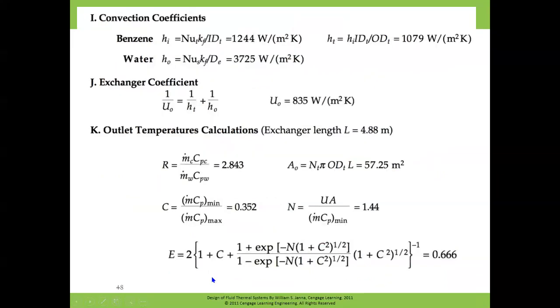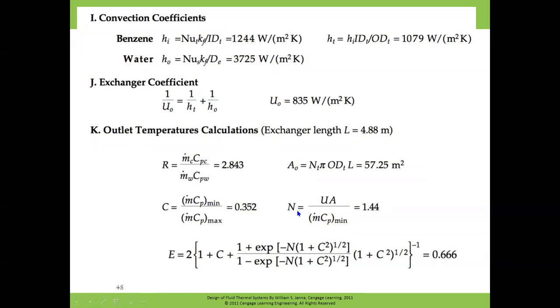After calculating the Nusselt number, we calculate the inner side or tube side heat transfer coefficient, and then the outer side or shell side heat transfer coefficient. Then we calculate the overall heat transfer coefficient, and then A naught, which we already calculated. We calculate the capacity ratio, minimum over maximum, which we already calculated in my Excel.